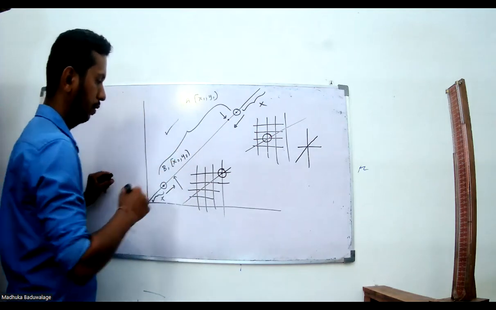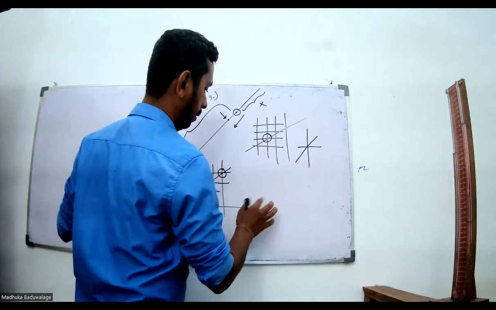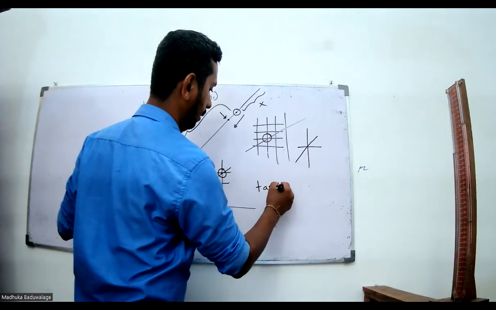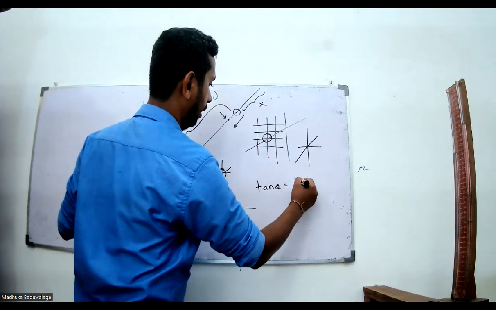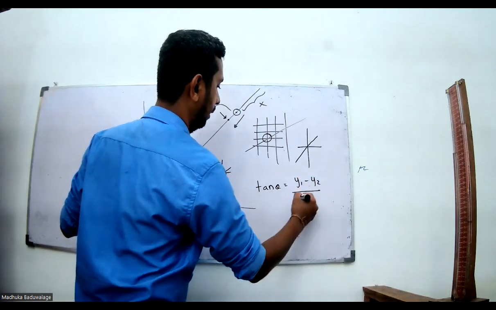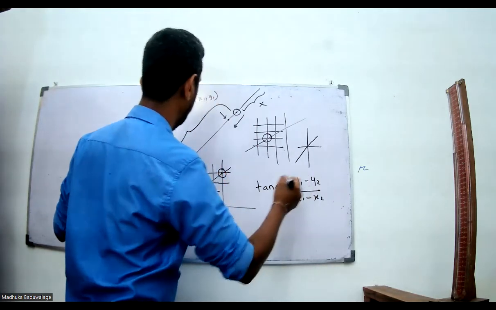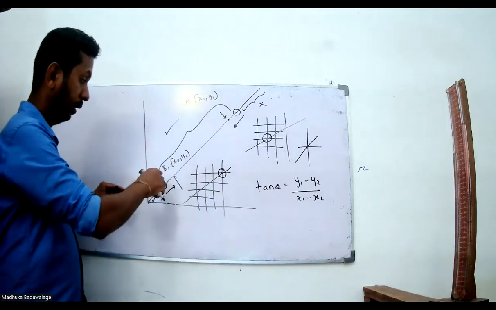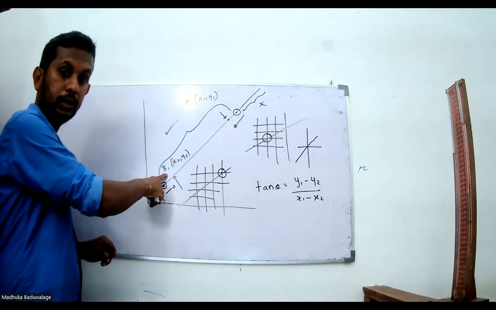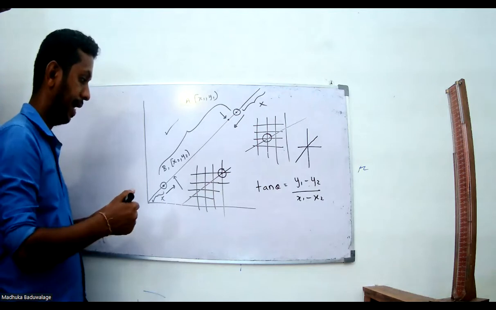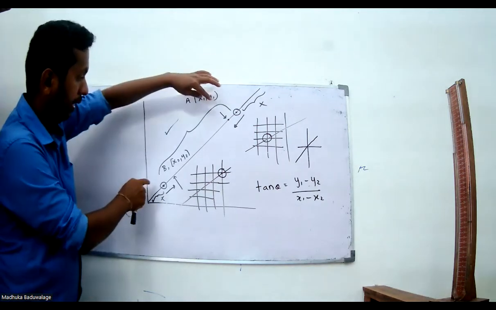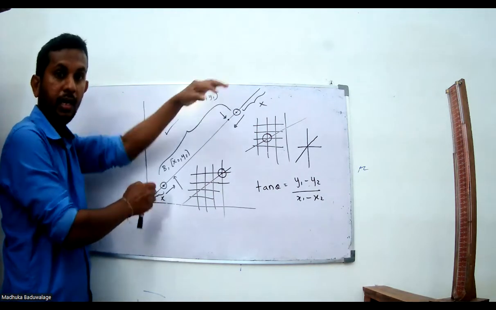Then tan theta is equal to (y1 minus y2) divided by (x1 minus x2). Both these points should have the maximum dispersion in this graph, and the two selected points should be within the given range of the graph.